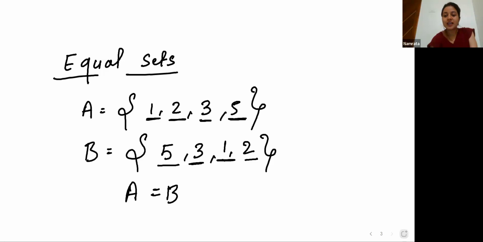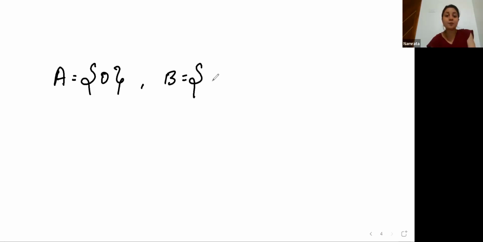Suppose we have a set A where the element is just 0, and one more set B which is written in set builder form: the set of all x such that x squared equals 25.